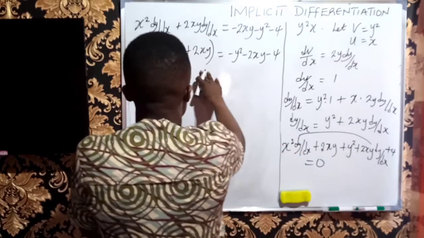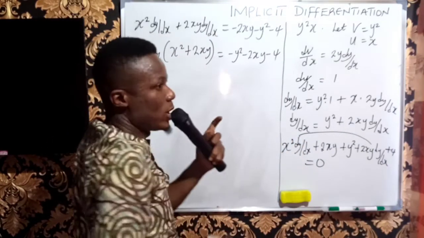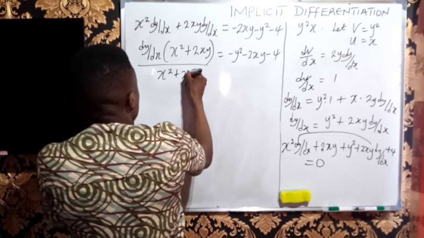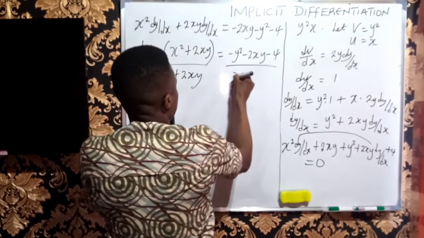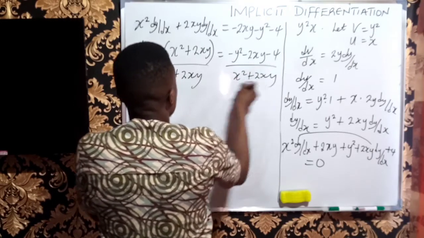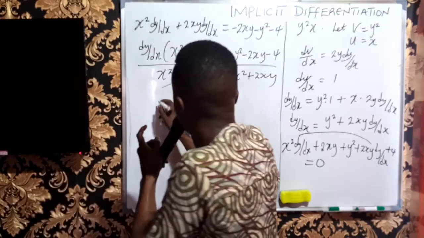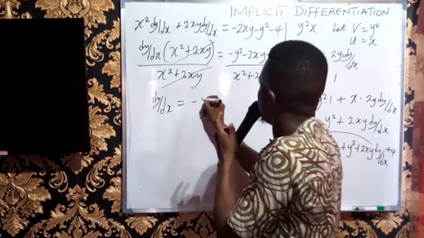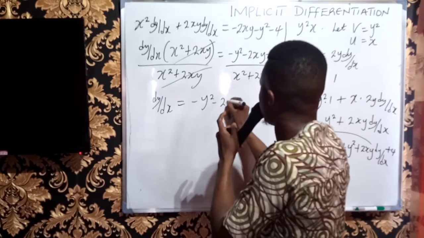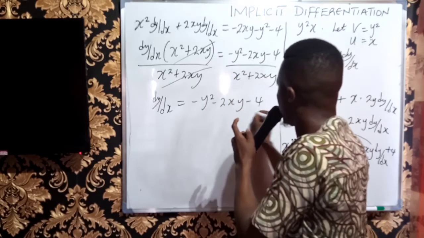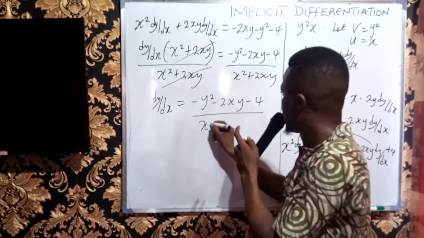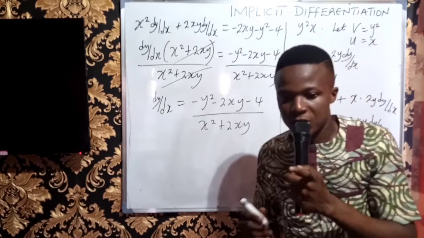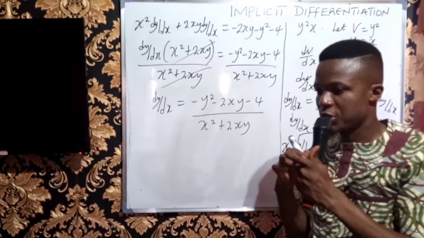So to get rid of this x squared plus 2xy, I will divide both sides by that. x squared plus 2xy over x squared plus 2xy cancels out. Hence, dy/dx is equivalent to minus y squared minus 2xy minus 4 all over x squared plus 2xy. And this is just the solution to that function.